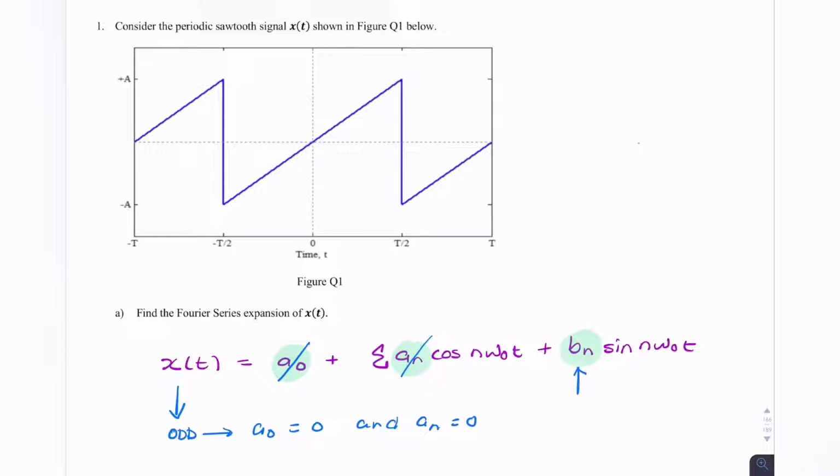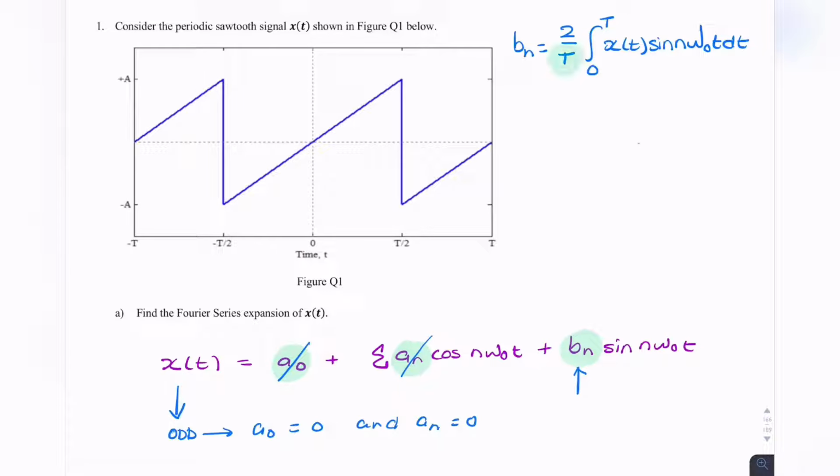To find bn, the expression for bn is 2 over T, the integral from 0 to T, x of t sine n omega naught t dt.